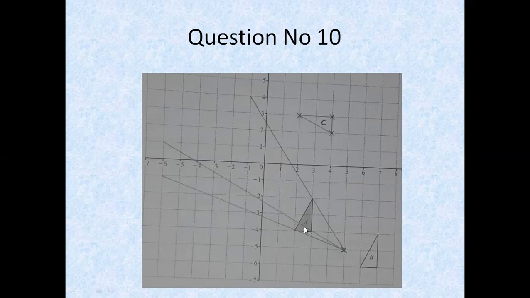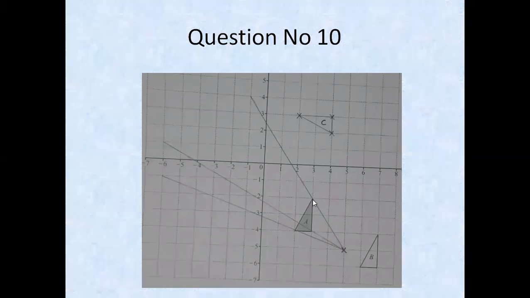I will join the 3 vertices of the object with the center and prolong these lines. Then with the help of a ruler, I will measure the distance of this vertex from the center of enlargement. Whatever this distance is, I will multiply it by 3.